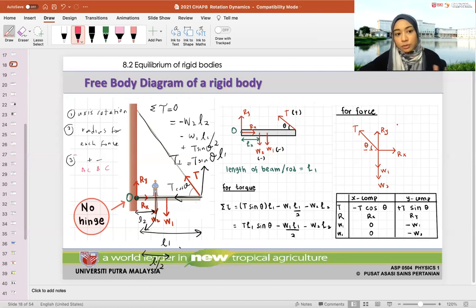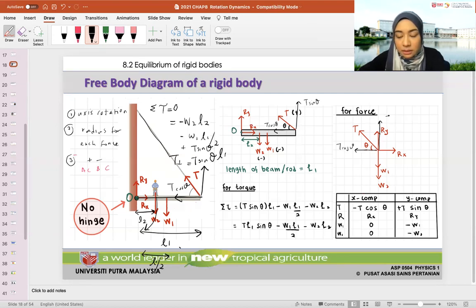So for force, we also need to solve it. So the X components in the X. Let's go through this diagram. So our net component in the X is going to be T cosine theta. This is going to be T sine theta. So the forces in the X, we gather them all here. T cosine theta.